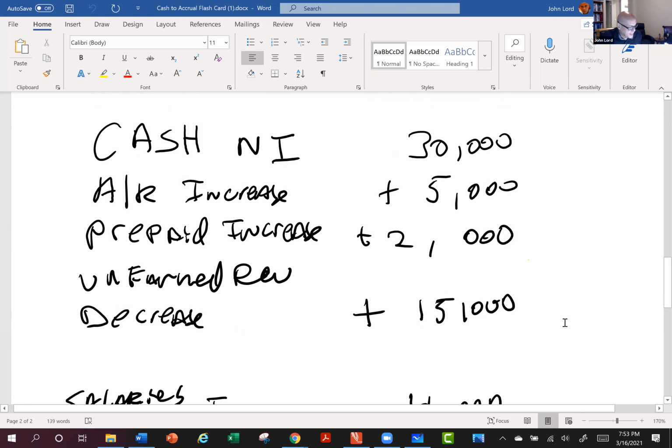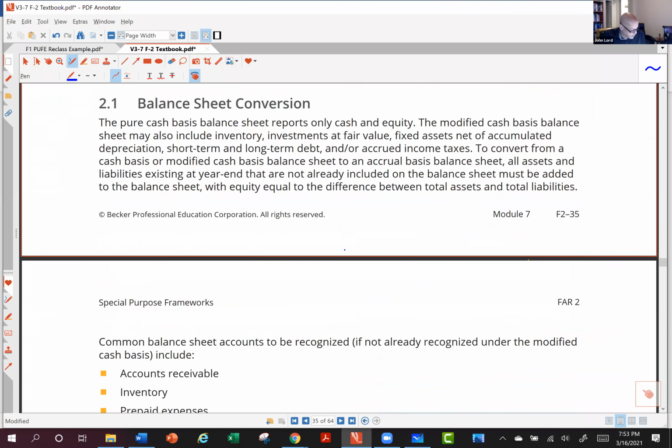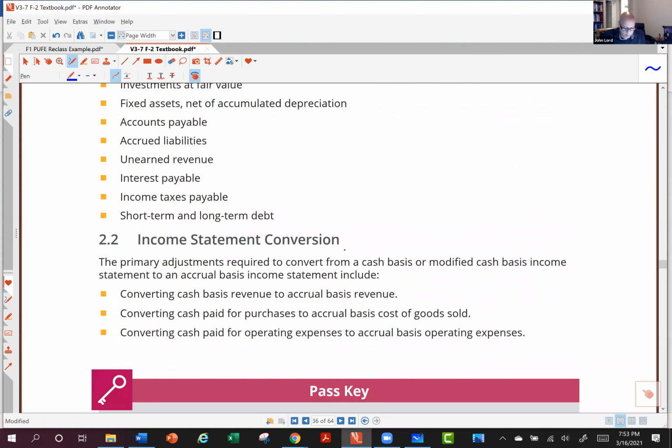So the information that you see on this screen right now is the way you answer the problem at the bottom of page 38.